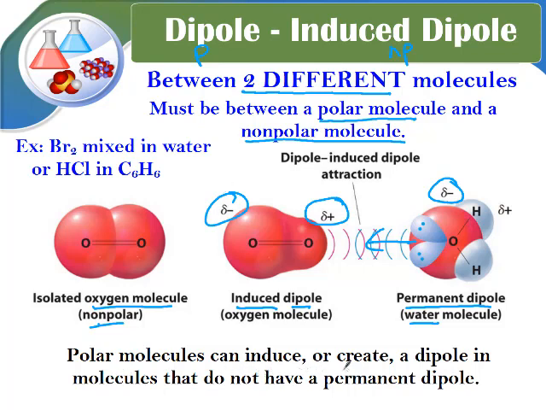Polar molecules can induce or create a dipole in molecules that don't have a permanent dipole. That's what's occurring here. So our examples, we have bromine mixed in with water, so 2 different substances. HCl in C6H6. Or in the picture, oxygen and water mixed together. So 2 different molecules.